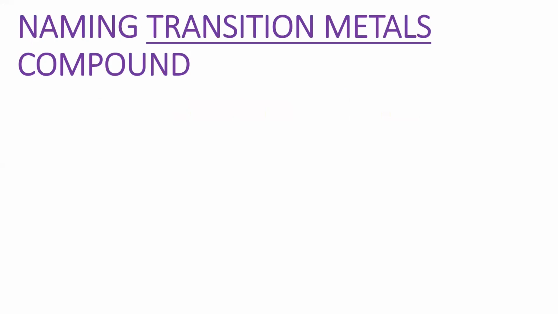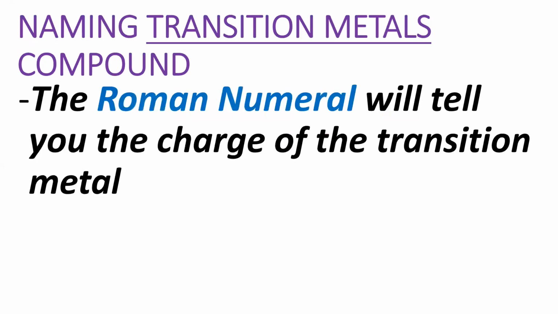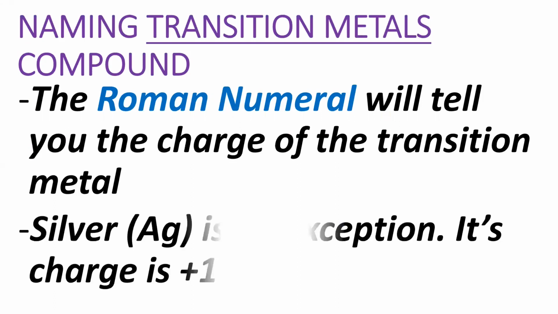In naming transition metal compounds, the Roman numeral will tell you the charge of the transition metal, except for silver, because its charge is automatically +1. So with the use of the Roman numeral, you'll know that the cation's charge is already fixed.